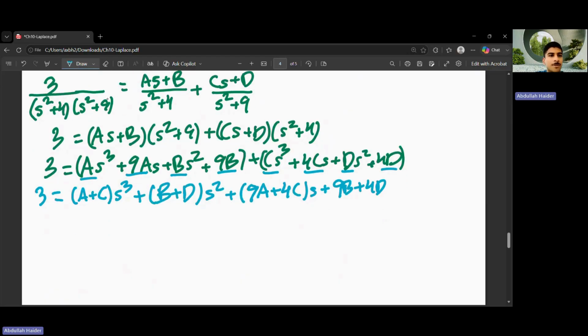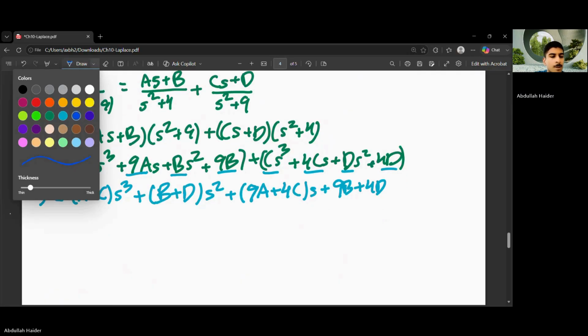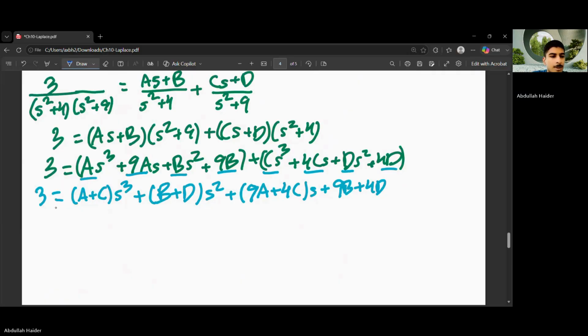And what you will do now is equate the first three to 0, but equate the last one to 3, because it is a constant. We don't have an s cubed on the left side, we don't have an s squared on the left side, we don't have an s on the left side, so all these will be equated to 0.